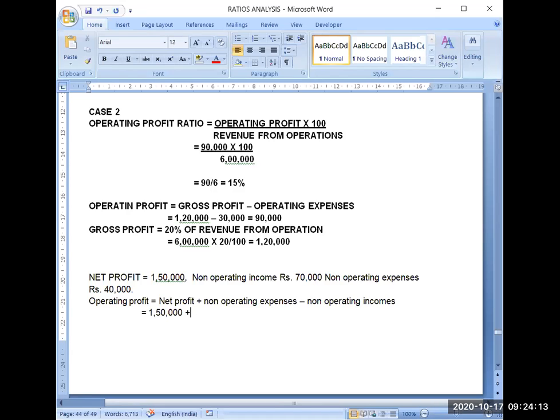Then your non-operating expenses are also given 40,000, and your non-operating incomes are given 70,000. So it will become 1,90,000 minus 70,000 is equal to 1,20,000. So your operating profit will be 1,20,000.